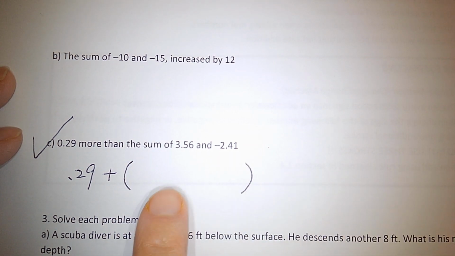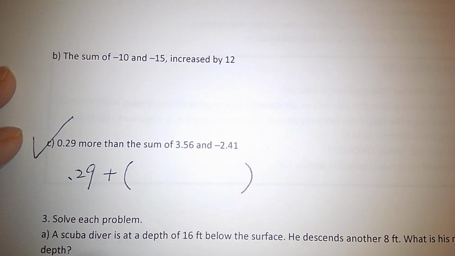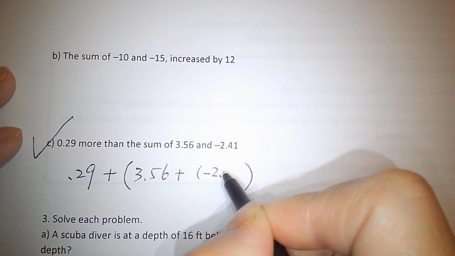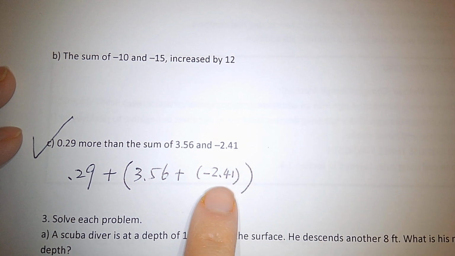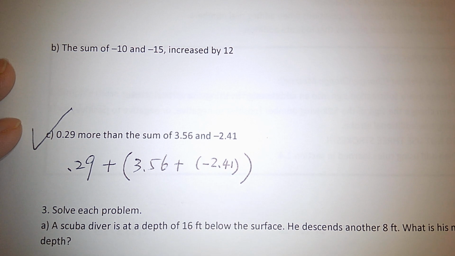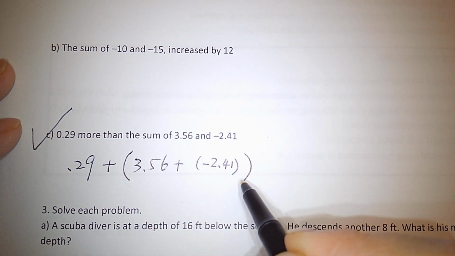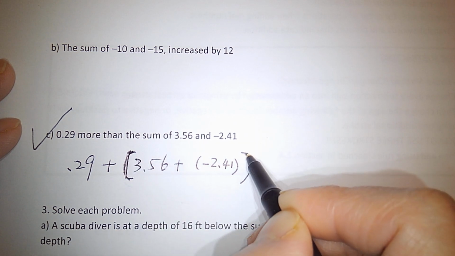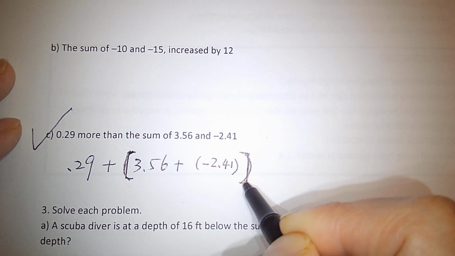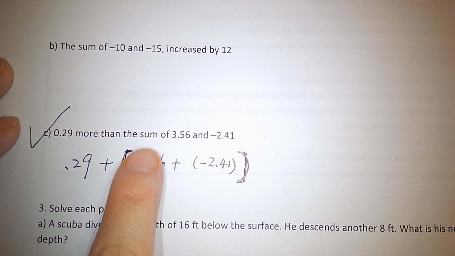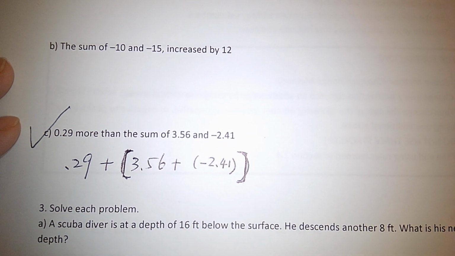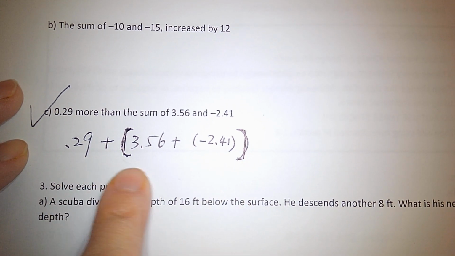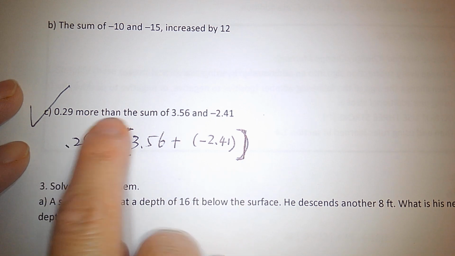So we're going to have a parenthesis. We're going to add up what? 3.56 and negative 2.41, right? Because we're using parentheses here, you can keep this as a parenthesis, or you can change it to a bracket. Either way is okay. So this is the numerical expression we build for this phrase.